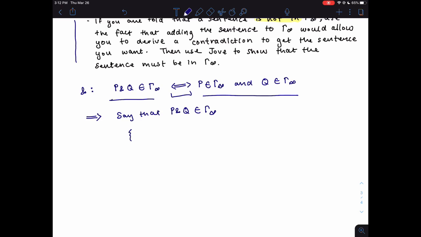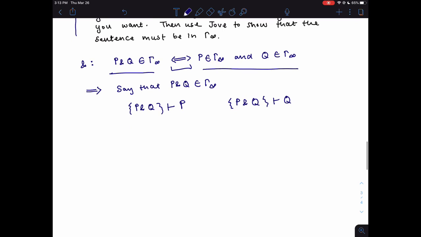So here's one scenario: a set containing P and Q allows us to derive P, and a set containing P and Q allows us to derive Q. I'm going to draw one derivation for each of these just to reiterate why that's the case. Let's say P and Q are your assumptions, then you can easily derive P from an application of conjunction elimination. And similarly, if P and Q is your assumption, then you can easily derive Q through conjunction elimination.